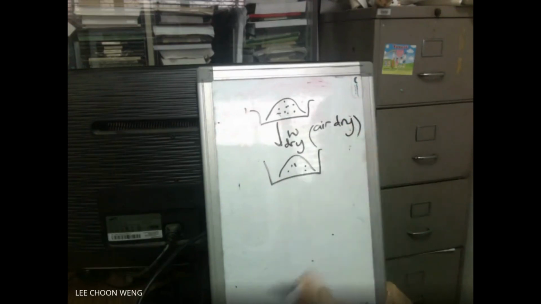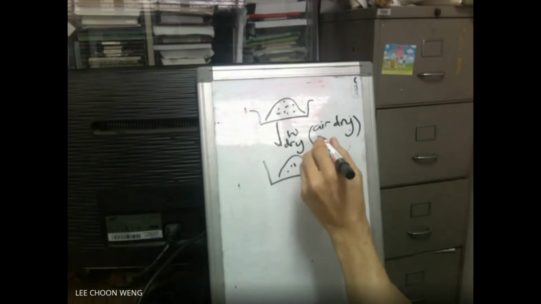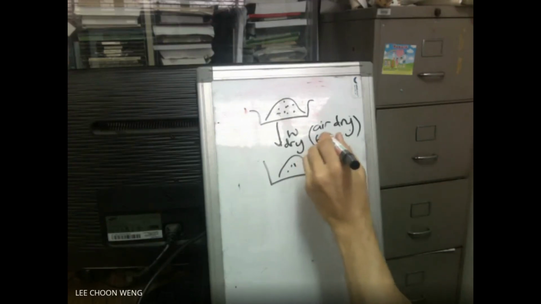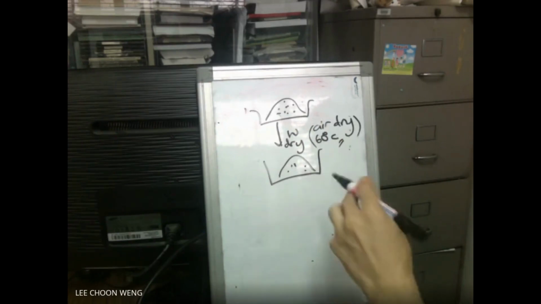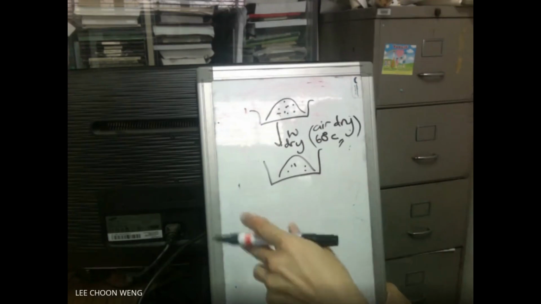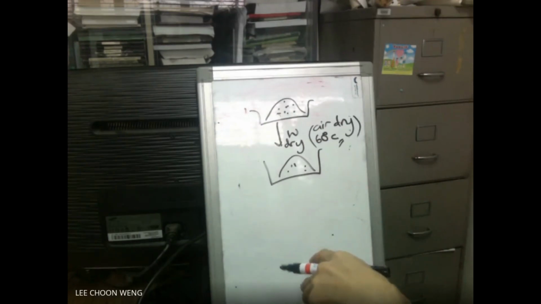Air dry essentially means just putting it in the lab for about 1 or 2 weeks and letting it dry by itself. Or if you can't wait, you can dry it faster at around 60 degrees Celsius. Usually we do it 1 week because the next week is when we have the same practical session.